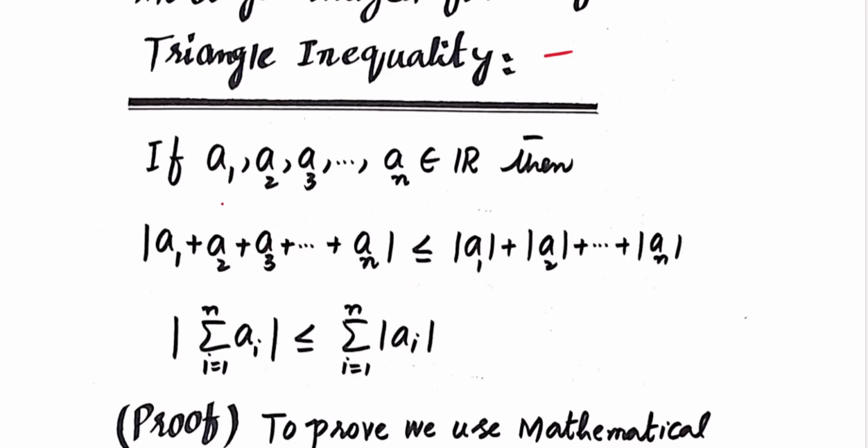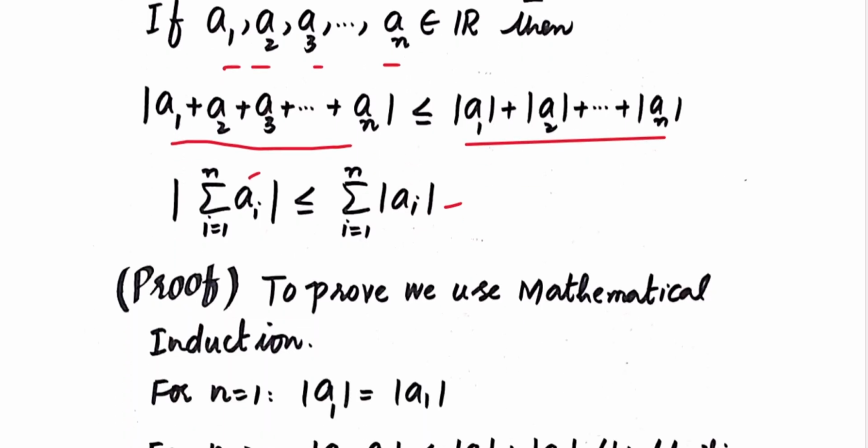If we have n real numbers, a1, a2, a3 and so on up to an, then the absolute of their sum is always less than or equal to the sum of their absolutes. Or in summation form, you can write it as |sum from i = 1 to n of ai| less than or equal to the sum of |ai|.